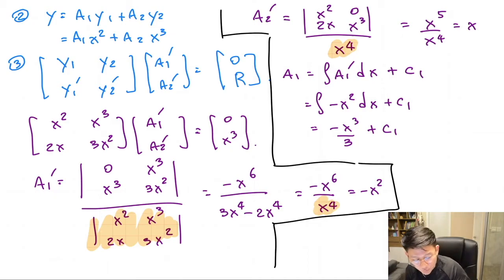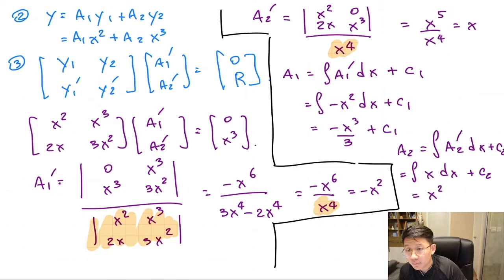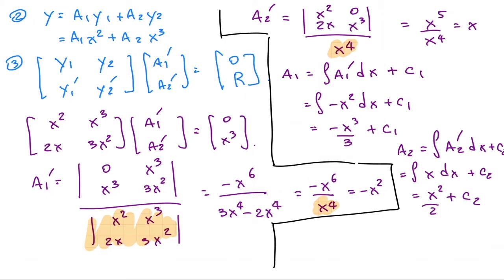And a2 is the integral of a2 prime dx plus c2. That would be the integral of x dx plus c2, and that would be x squared divided by 2 plus c2. Okay, and that is a1 and a2.